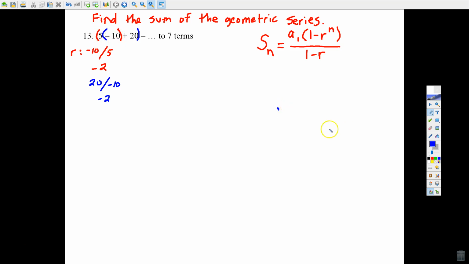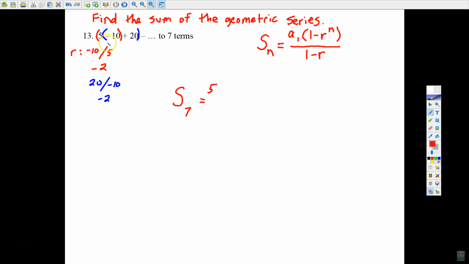Okay. Now that we've identified all of the parts of this formula, we're ready to plug in, and then we can turn it over to our calculator. Once again, this S means the sum of 7 terms. That's what we're told. First term, of course, is 5.